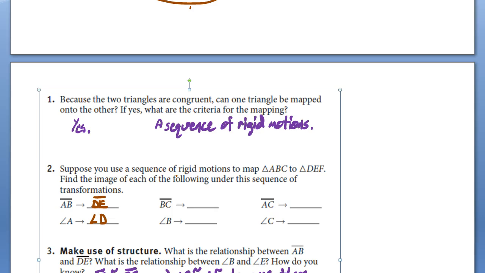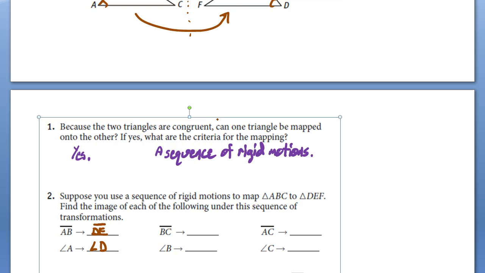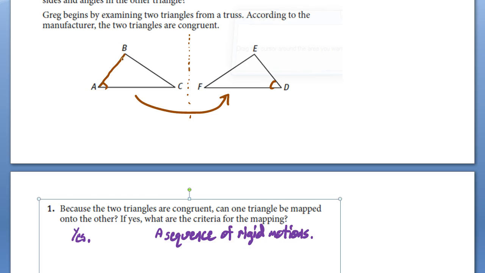How about segment BC? So this side here would correspond to this side here, segment EF. Notice that all of these questions in problem 2 are asking us to find the corresponding part in the other triangle that matches to this part in the first triangle. So angle B, this angle here, where is its corresponding part?